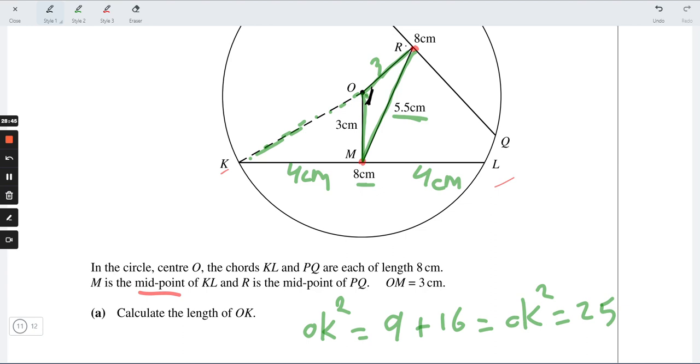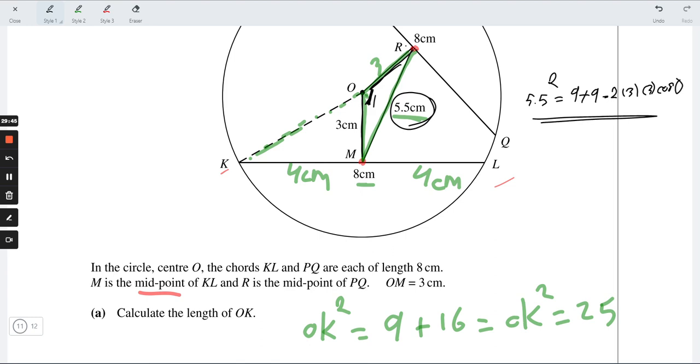So what we will do is say 5.5 to the power of 2 equals OR squared plus OM squared, which is 3 squared plus 3 squared, minus 2 times 3 times 3 times cosine of the angle, let's name it big O.